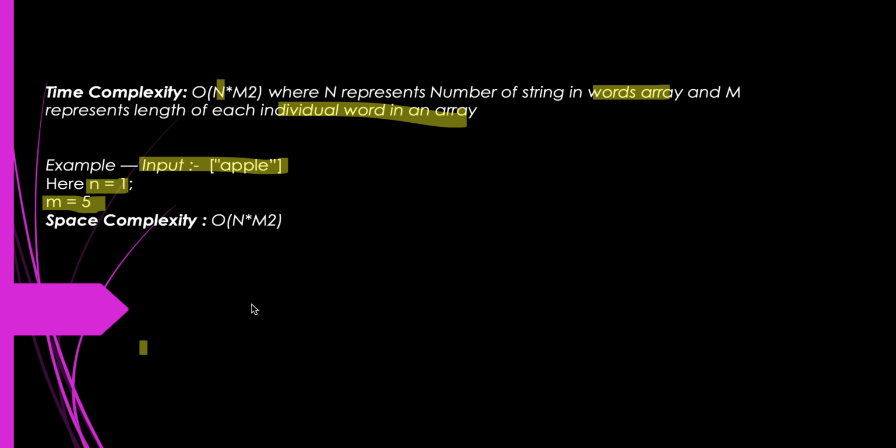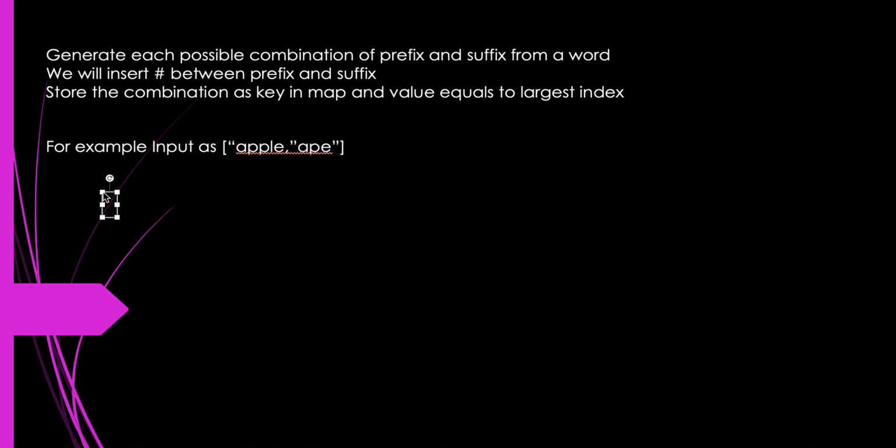Here we will generate each possible combination of prefix and suffix from a word, and we will insert hash between prefix and suffix. For example, we are given word apple, then we will generate all possible combination of prefix and suffix from this word and will put hash between prefix and suffix.